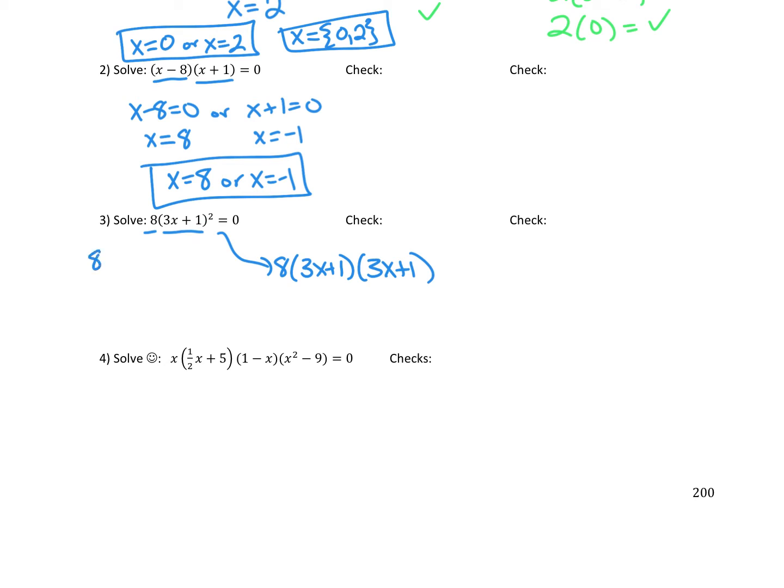So we would set each of our factors equal to 0, but we know that 8 doesn't equal 0. However, we can do 3x plus 1 equals 0, subtract 1 from both sides, and then divide both sides by 3 to get x equals negative 1/3. In this case, there is only one value that will make this expression equal to 0, and it is negative 1/3.